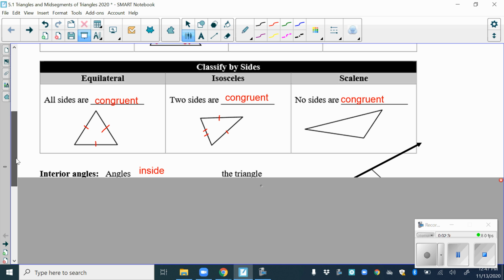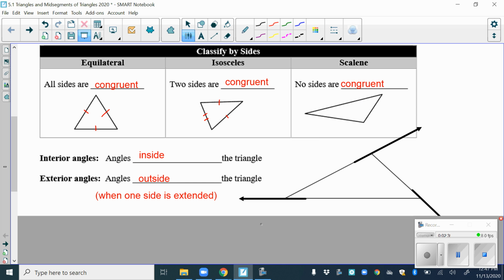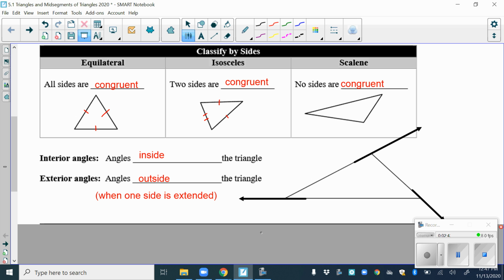All right. In a triangle, we can talk about the interior and the exterior angles of a triangle. The interior angles of a triangle, of course, are inside the triangle. So if I call this angle 1, down here angle 2, and angle 3, those are all interior angles. Every triangle will have 3 interior angles.